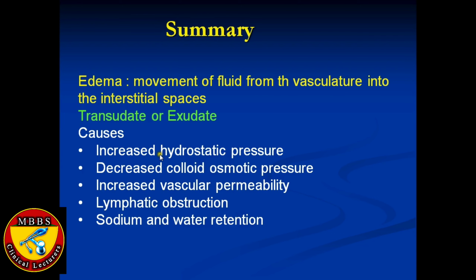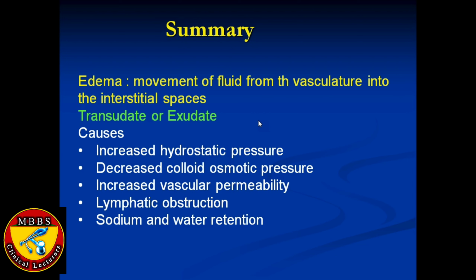Okay, now we would summarize what edema is. It is the movement of fluid from the vasculature into the interstitial spaces, with accumulation of excessive fluid in the interstitium or the body cavities being called edema.